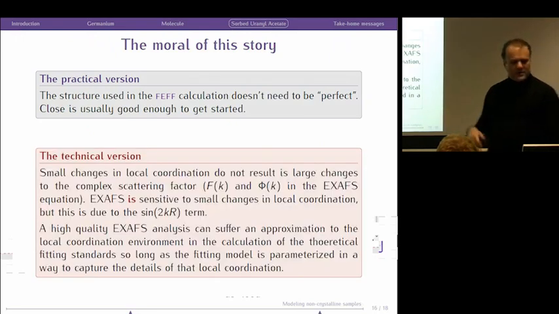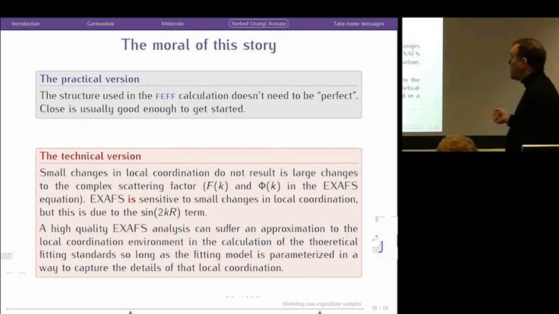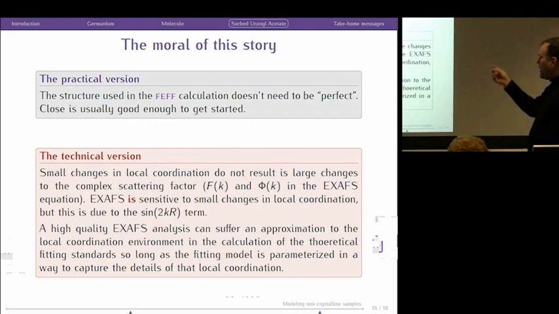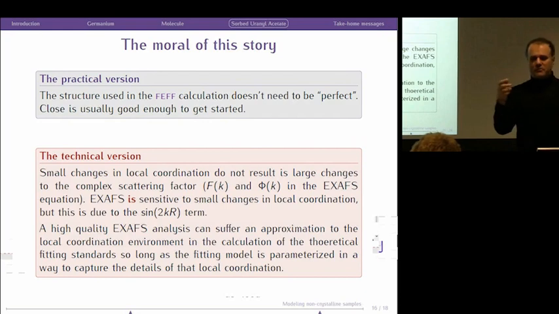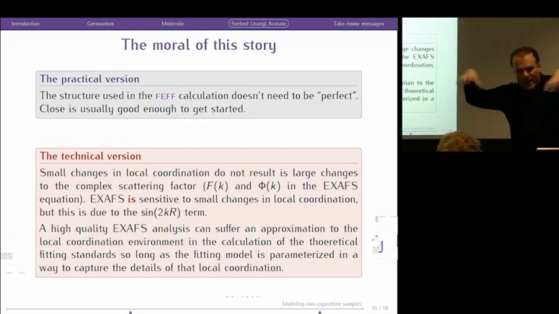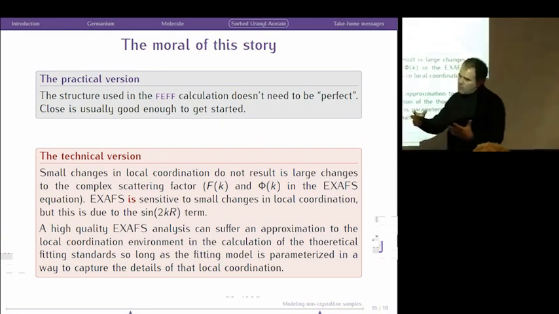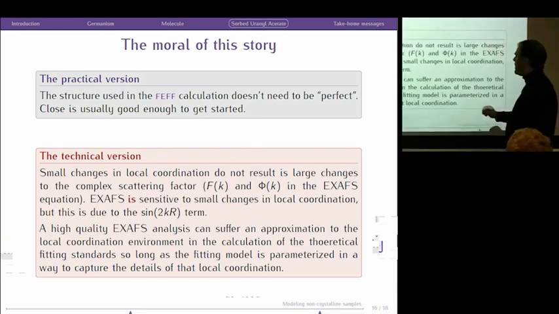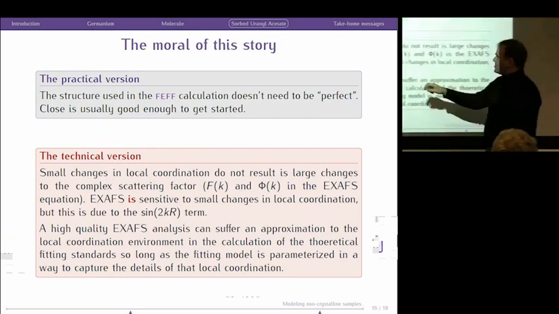So the technical version of what I mean by it doesn't have to be perfect, close is good enough to get started, is that the small differences between how the uranium, oxygen, phosphorus atoms arrange themselves in the crystal compared to how they arrange themselves in the real sample do not have a profound effect, we hope, on the calculation of F and phi, but the x-axis is sensitive to small changes in the local coordination due to the sign of 2kr term.